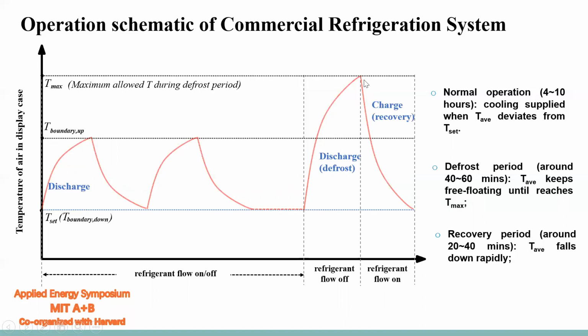It is followed by a recovery period when cooling capacity is delivered again. So we can see that the normal operations often last 4 to 10 hours, while the defrost periods last around 40 to 60 minutes in real cases. And the recovery periods are only about 20 to 40 minutes.